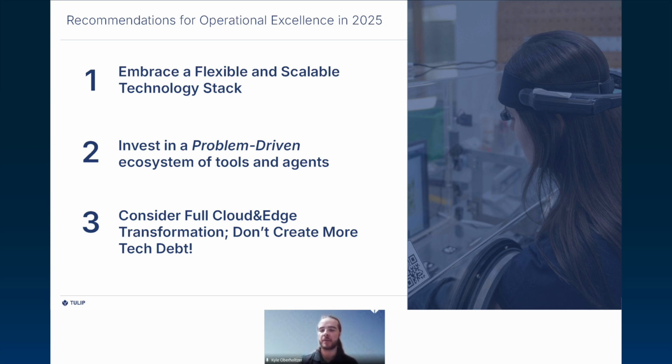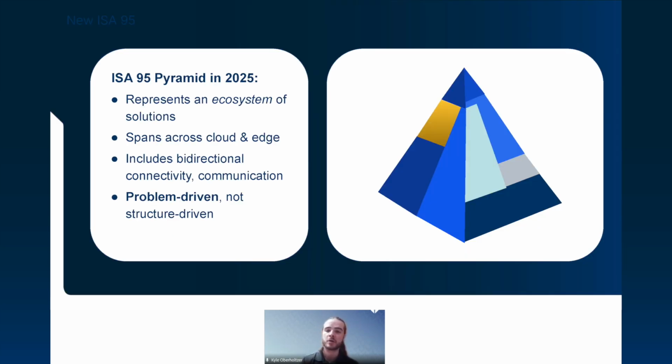If we think back about the ISA 95 pyramid, how this has changed, we're not limited by thinking now about the level of solution we need, right?